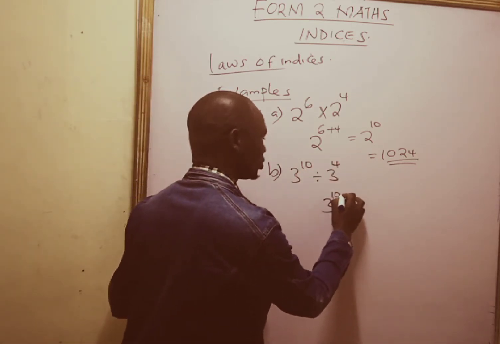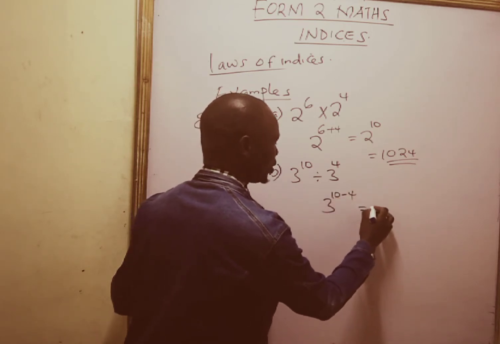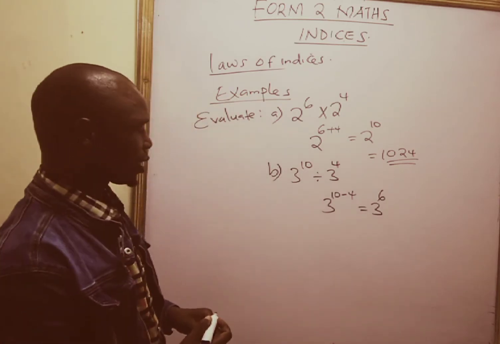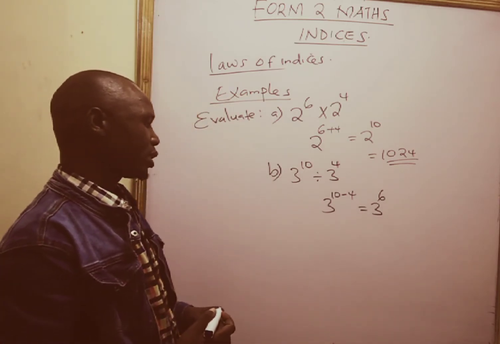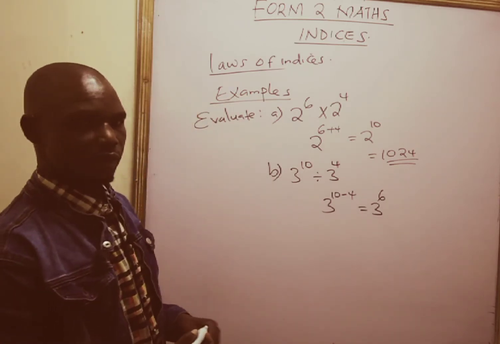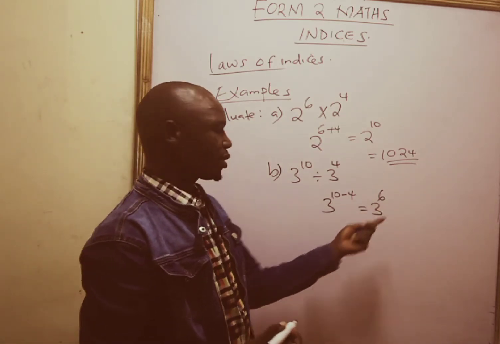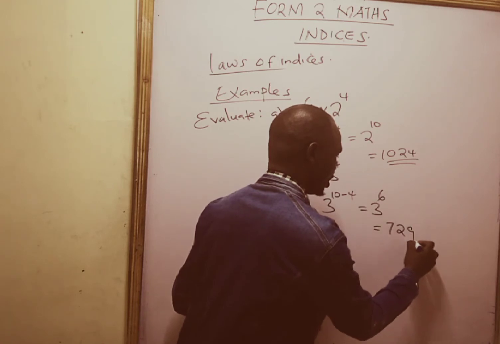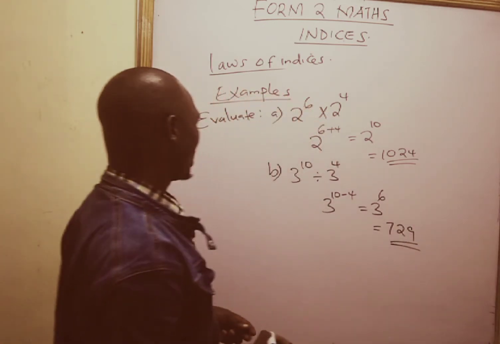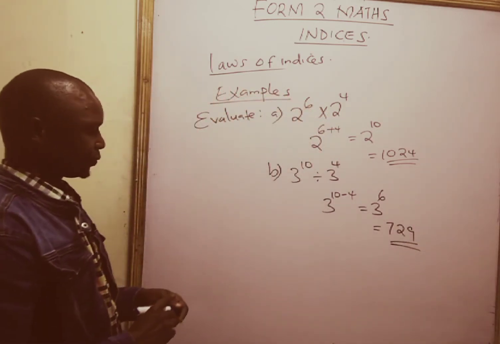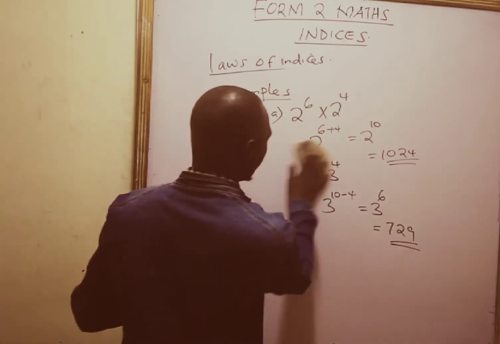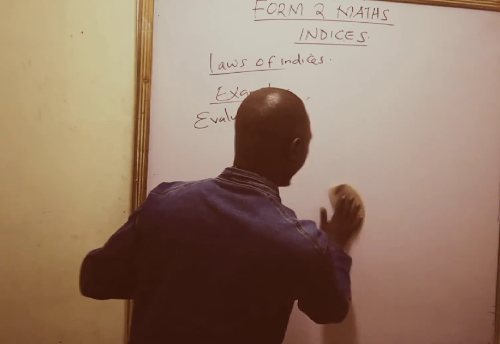That is, we are going to take 10 minus 4, which is going to give us 3 into the power of 6. And 3 power 6 means 3 times 3 times 3 up to 6 times. And this one is going to give us 729 as our answer.